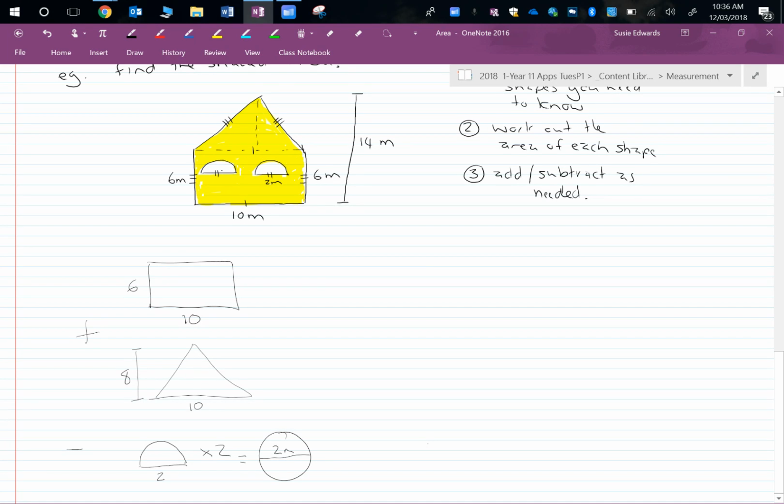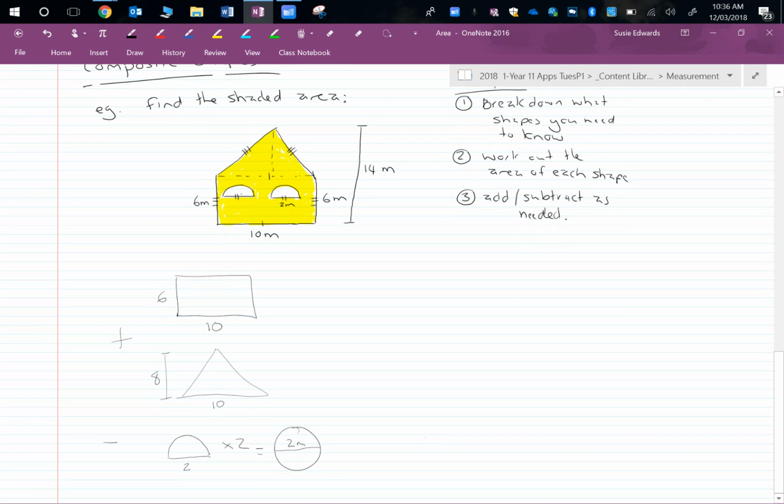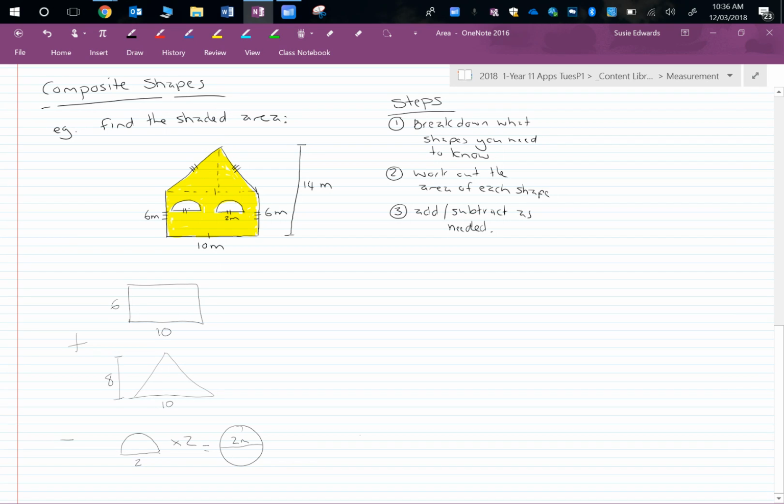Once you've broken it down to that, and I draw the little shapes out, these questions are not very hard. Okay? Because we've broken it down into easy shapes.